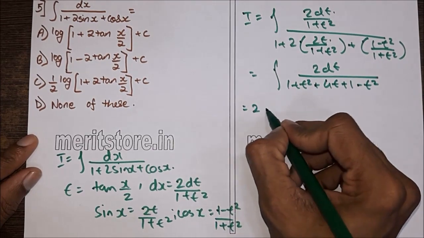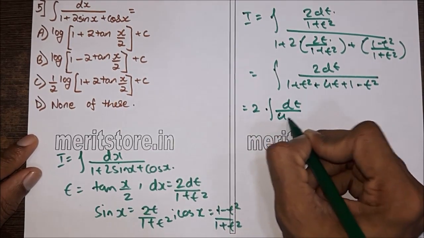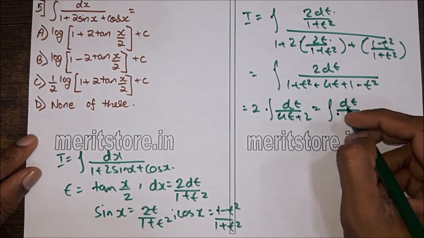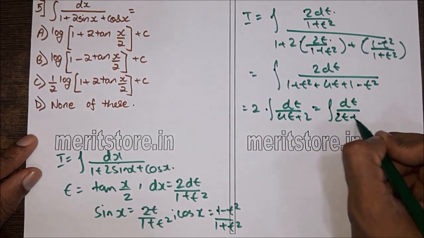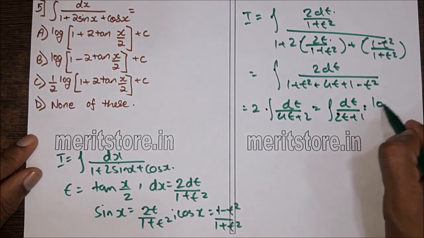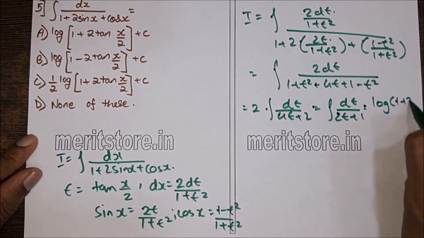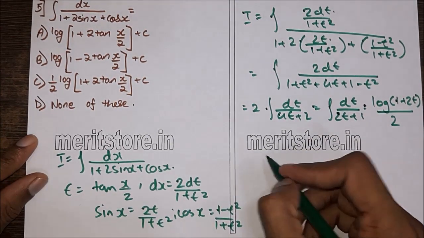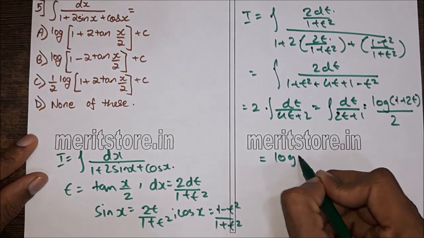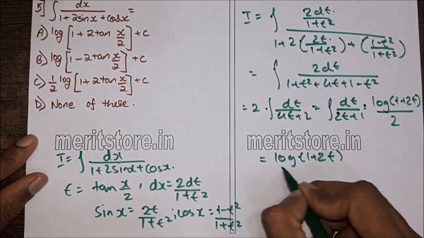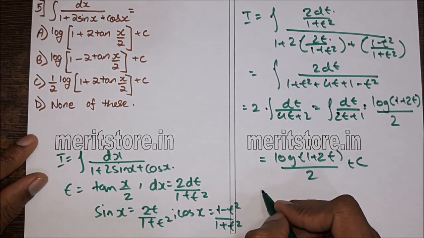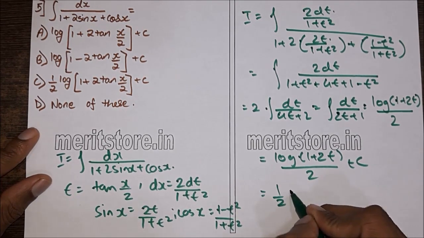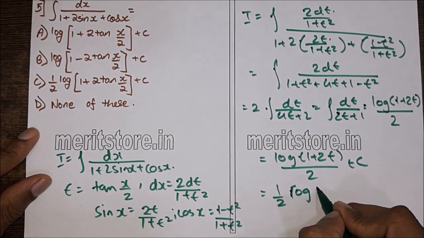You can write this as 2 integral dt upon 4t plus 2, which is equal to integral of dt upon 2t plus 1, equal to log of 1 plus 2t upon 2. You can write this as half log 1 plus 2t plus c.